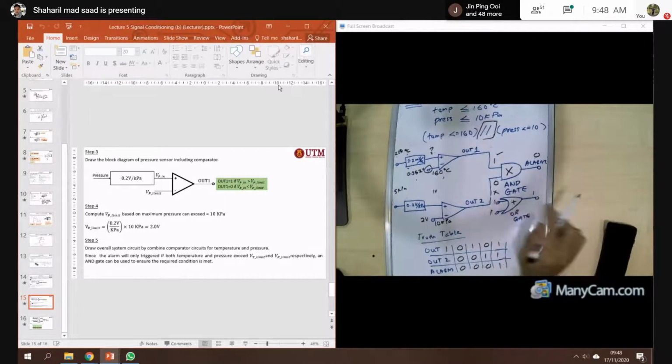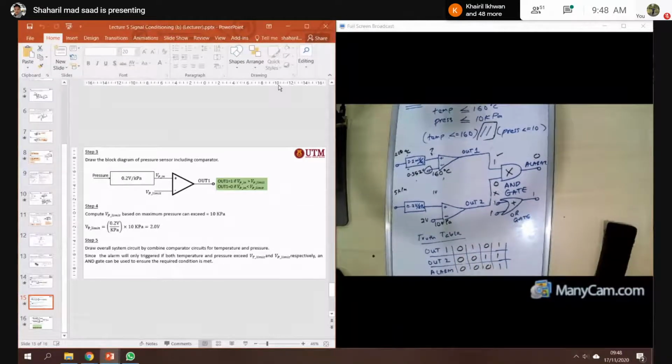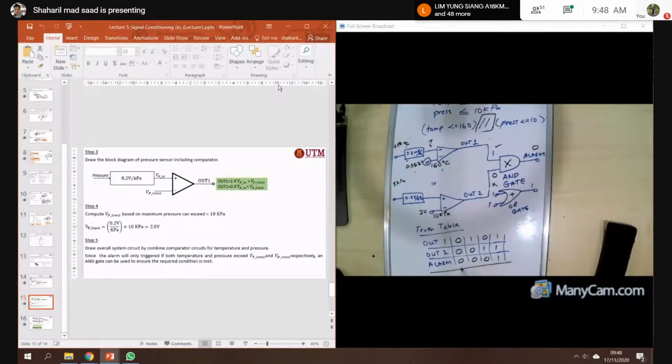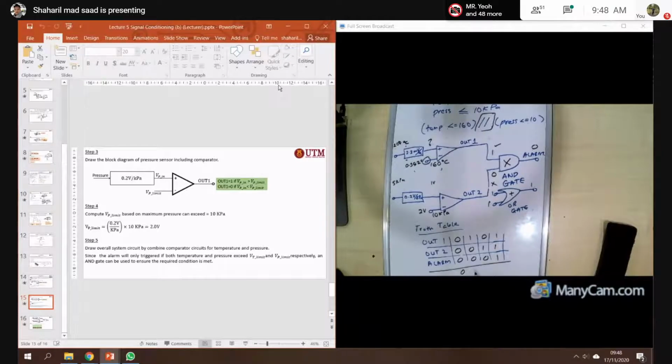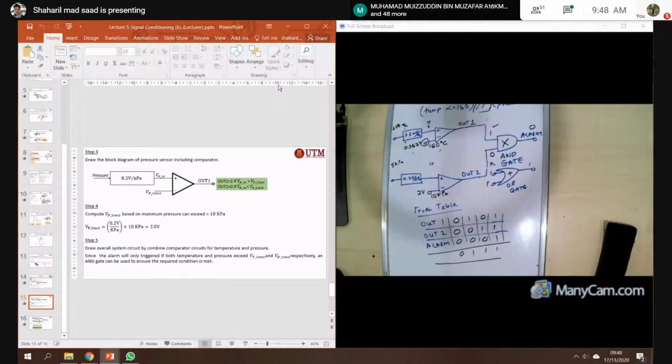So when you have 1 and 1, we get 1 here. The truth table will be 0, 0, 0; 0, 1, 1; 1, 0, 1; and 1, 1, 1. So this is the truth table for the OR gate.